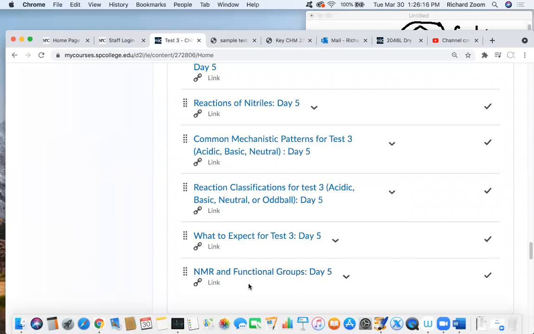I went over how you can determine what functional group you have by looking at the molecular formula you're given, which is semi-interesting. So I'd recommend that you watch that video, or watch the Zoom session from last Thursday to get an idea of how to deal with that. But I'm still open to going over an NMR if somebody wants me to.